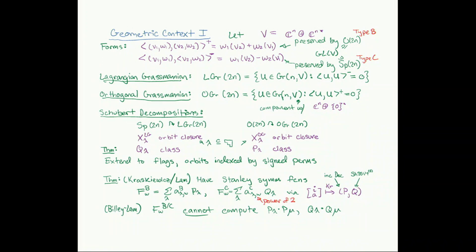The plus inner product is where you add those two things. The negative inner product is where you take their difference. And you can actually define the orthogonal group as the matrices that preserve that first inner product, and the symplectic group as the matrices that preserve that second inner product. So you could take this as definitions.